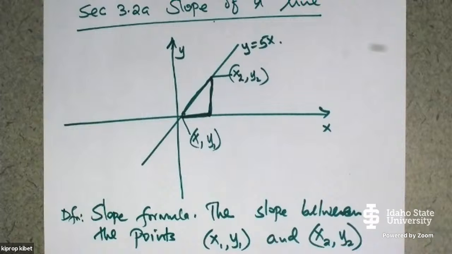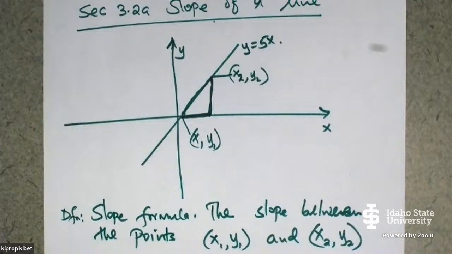So what is the slope? There is a change in x, so therefore 0 all over this. So the gradient of this line is 0.